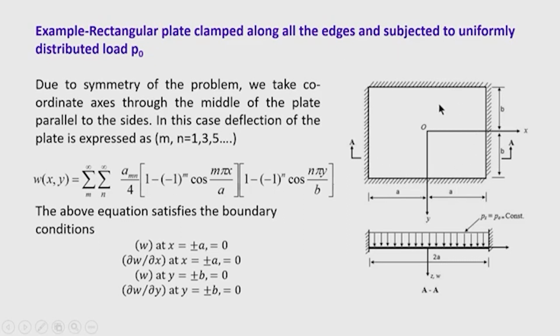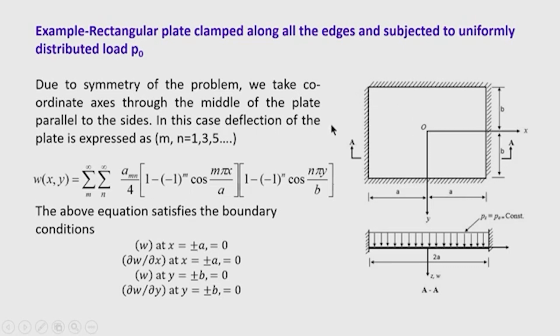Now, here you can see the origin is taken at the center of the plate, taking advantage of symmetry, but it is not necessary to take the origin at the center of the plate. The origin can also be taken at one of the corners.